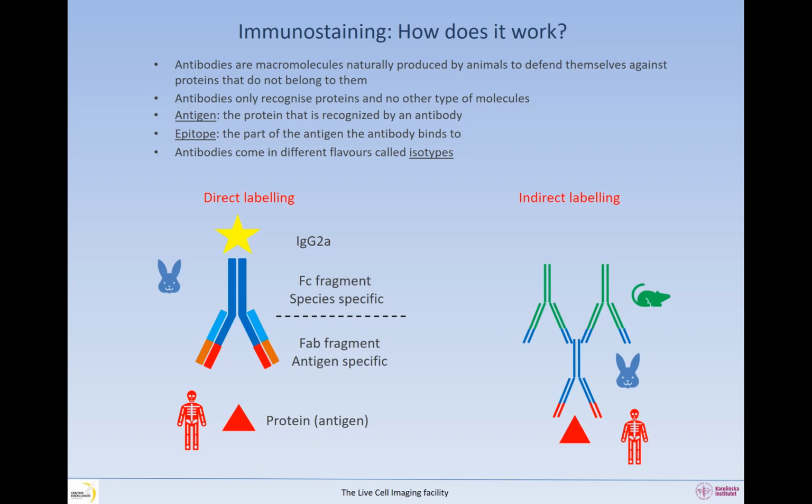And then these mouse IgGs are labeled so they can be detected. The unlabeled antibody used to detect the antigen is called primary antibody, and the labeled mouse IgG is called secondary antibody, and it will bind the rabbit primary antibody. Okay?